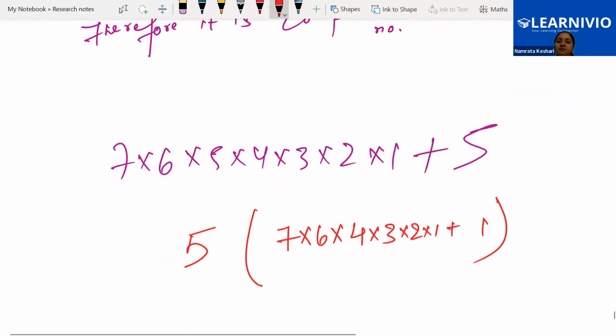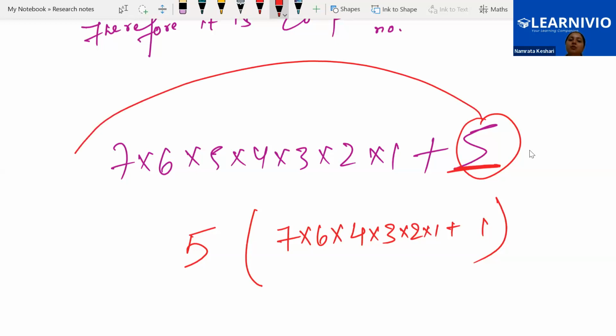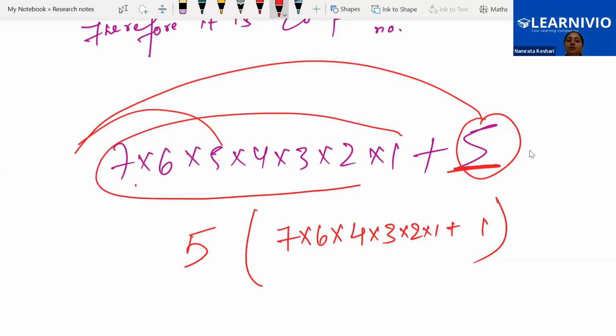Ma'am, why is 1 coming? +1. Because we have taken 5 as a common factor, no, Abdul? Yes. 5 we have taken as a common factor from here and from here. So what is remaining from the first term? This is our first term. Can you see? Yes.